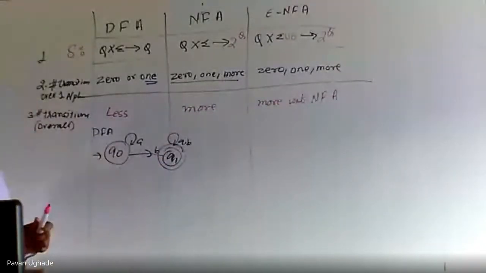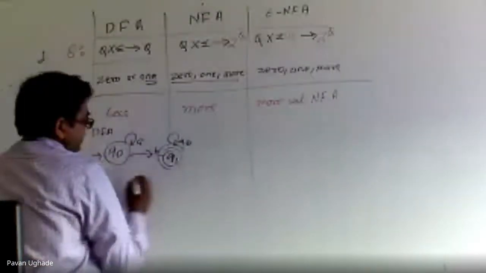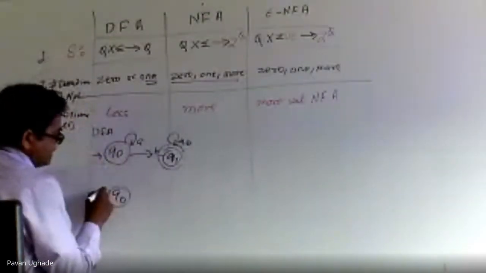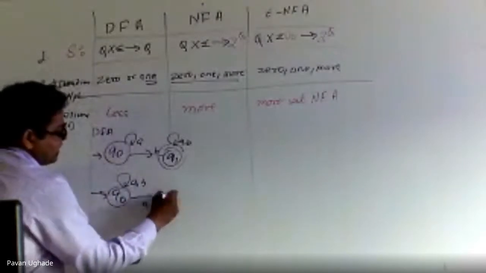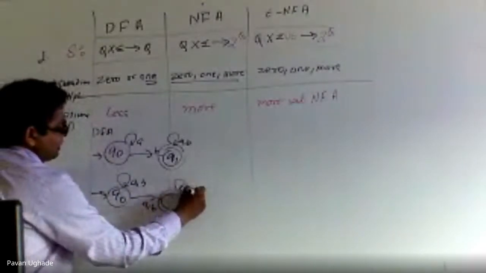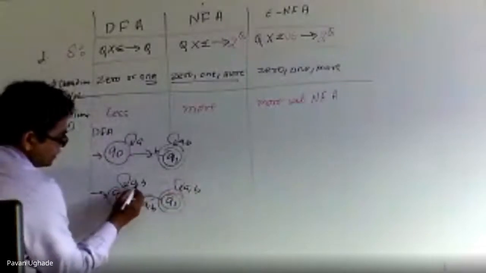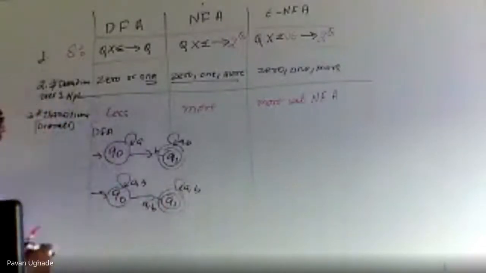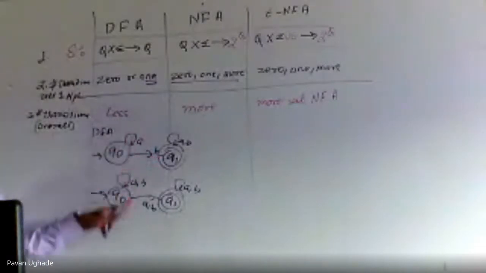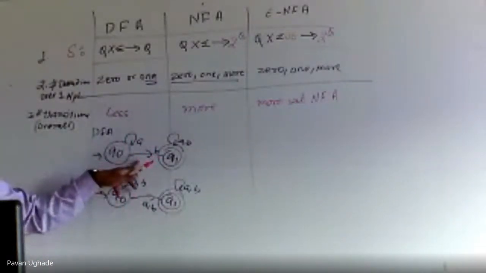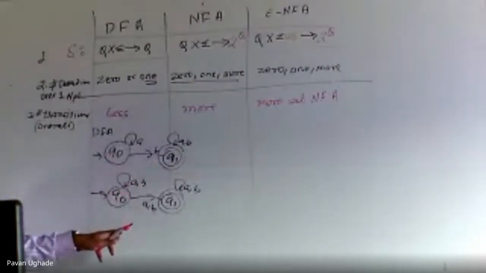Now in case of NFA, it may be represented as AB here, AB here, AB here. So here there are two transitions each, a total of 6 transitions. We are representing the same automata, but the DFA has only 4 transitions while the NFA has 6.